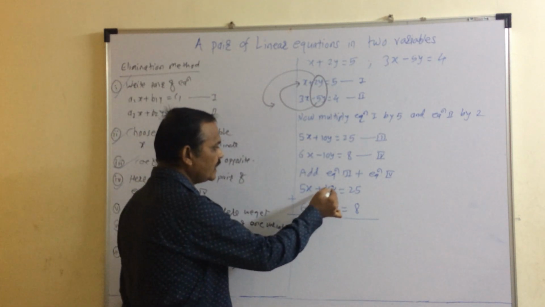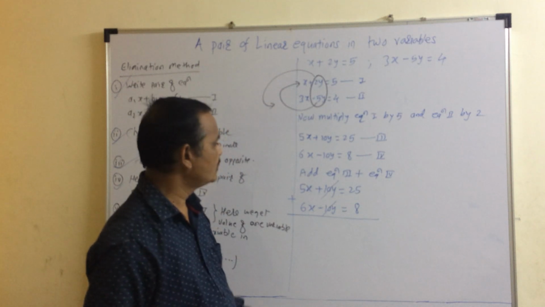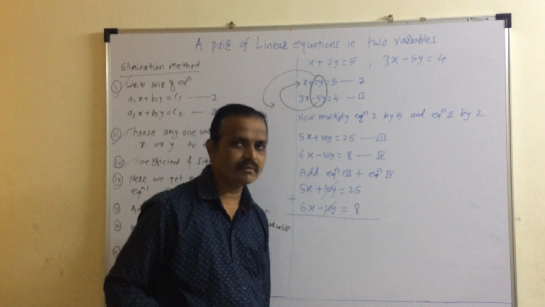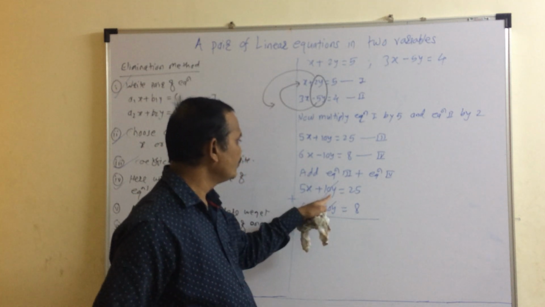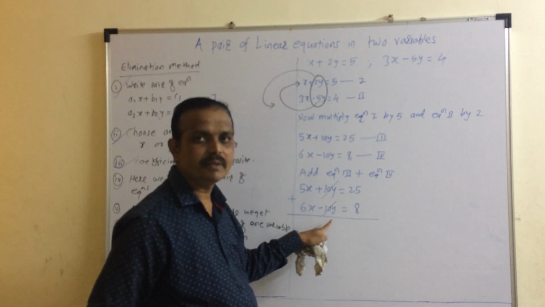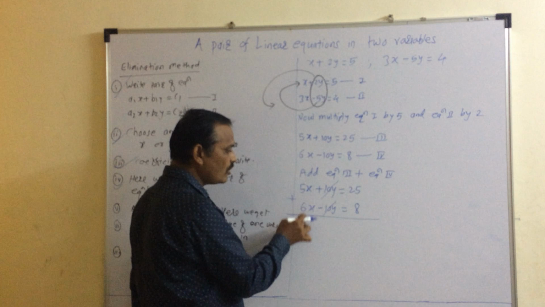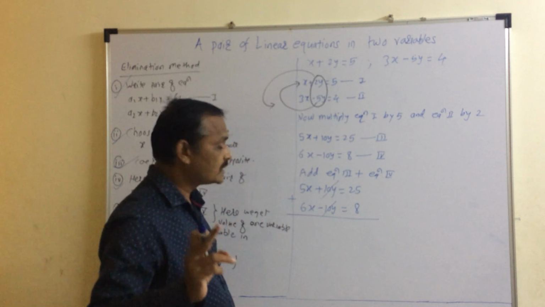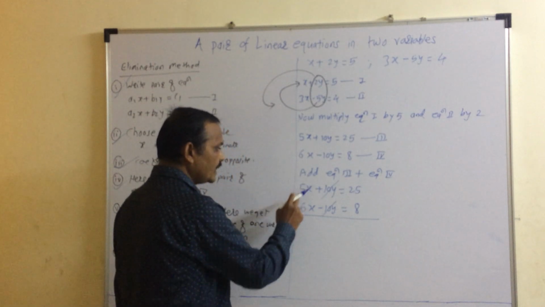Now here we eliminate the variable y, as plus 10y and minus 10y, their sum should be 0. That means one variable, the y variable, can be eliminated. Now we get the value of x by solving the one variable equation in x.